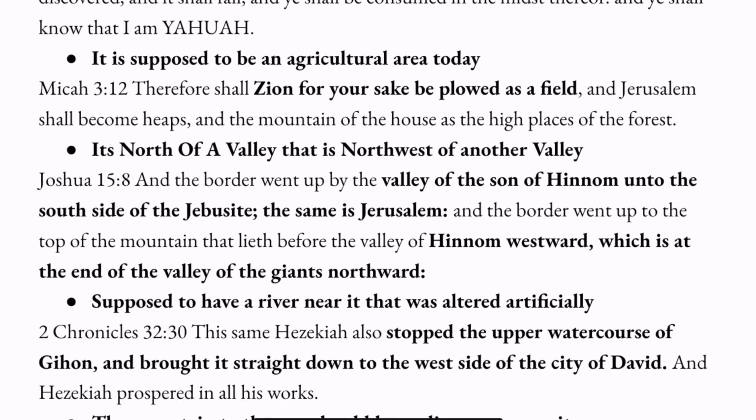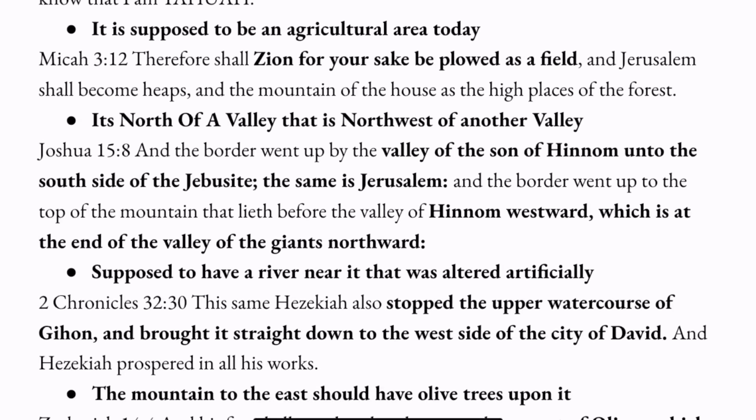Now, our next point that we must understand is that it is supposed to be an agricultural area today. Micah 3:12 states, "Therefore Zion for your sake shall be plowed as a field, and Jerusalem shall become heaps, and the mountain of the house as the high places of the forest." So it says it shall be plowed as a field.